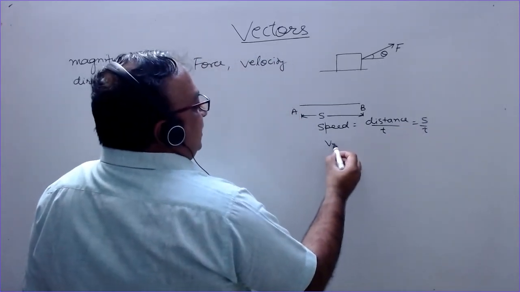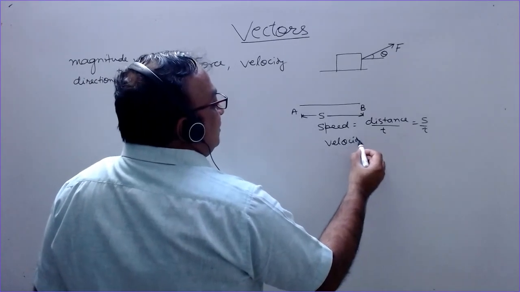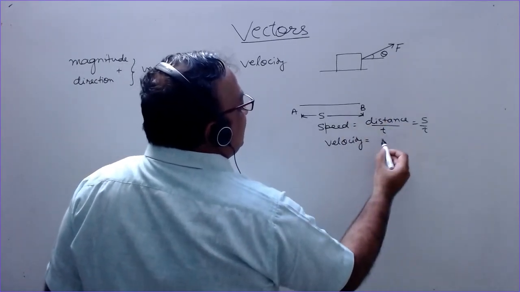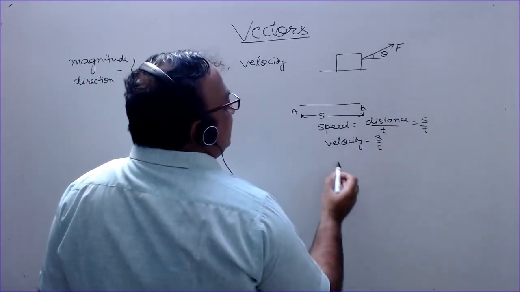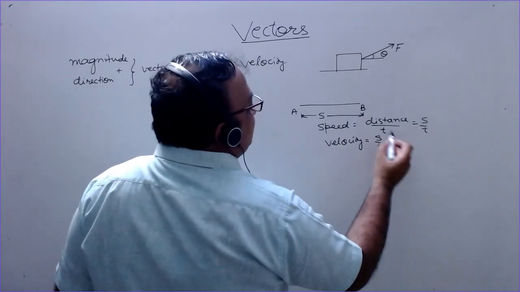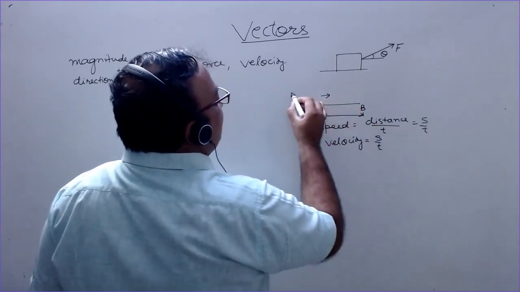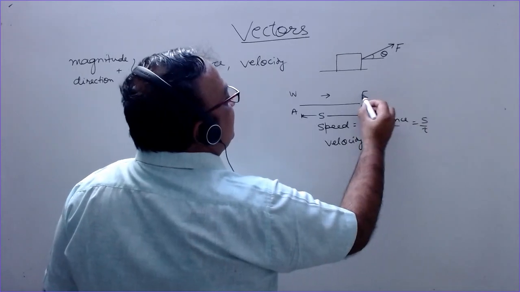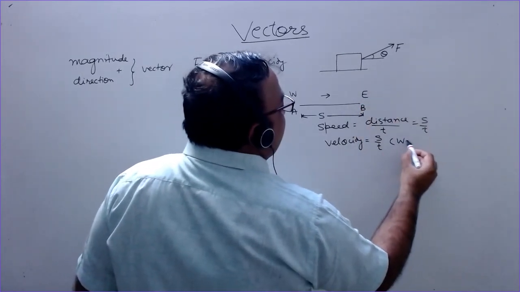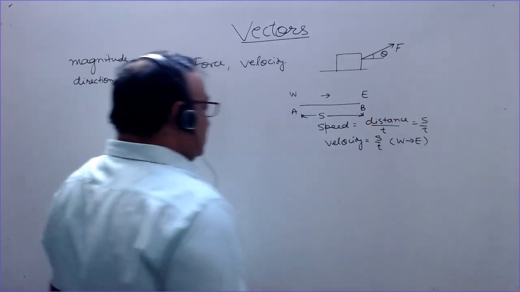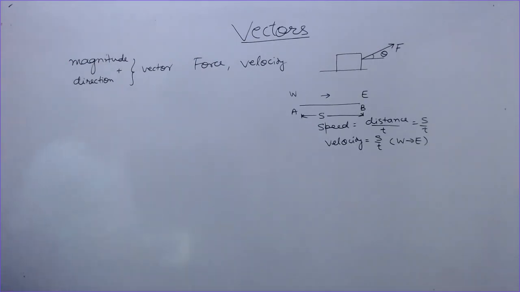What is velocity? Velocity is same here in this case, s by t, but velocity is having a direction. If it is moving in this direction, this is west, this is east, so I must say west to east. So velocity is having direction along with the magnitude, speed is having only the magnitude.